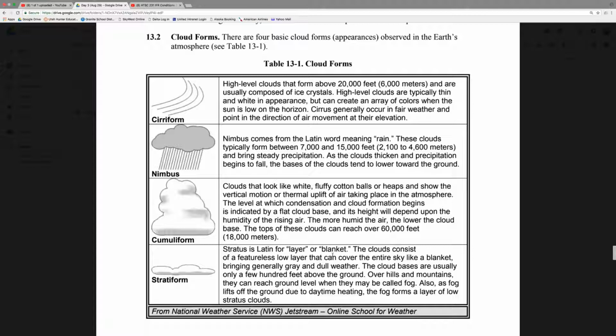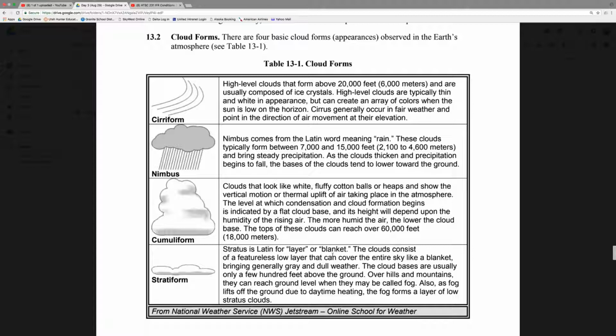Nimbus clouds. These ones are the ones that we can associate with rain, right? So these are the heavy black clouds, dark gray clouds, typically lower in elevation, between 7 and 15,000 feet, bringing steady precipitation.